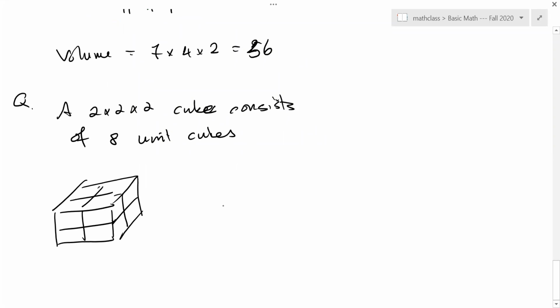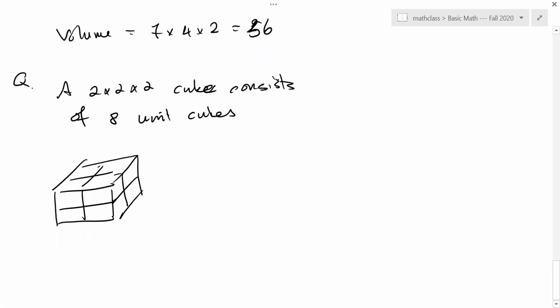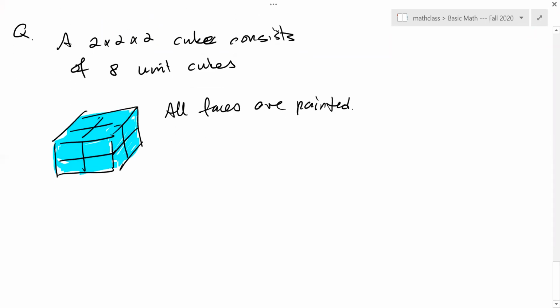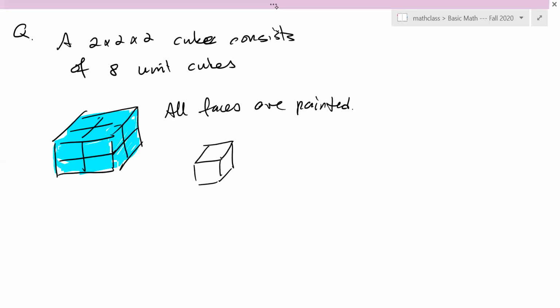What I'm going to do is paint this cube over the surface, completely. All the faces are painted. Then you cut them, and you get lots of unit cubes. So for example, that cube becomes here.